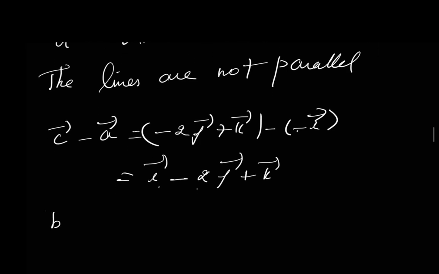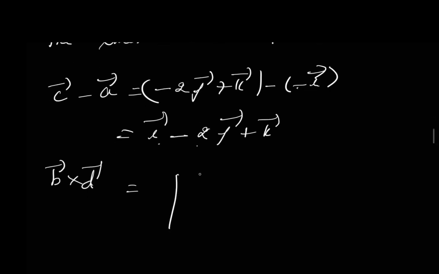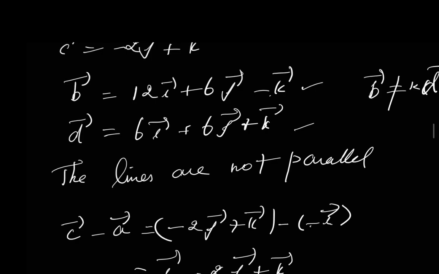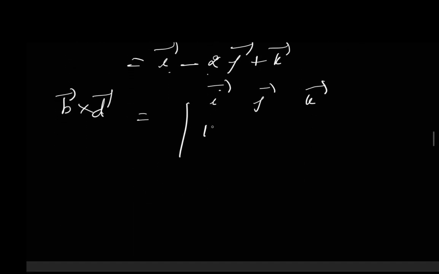And what about vector b cross vector d? Determinant form with i, j, k vector. Vector b is 12, 6, minus 1.